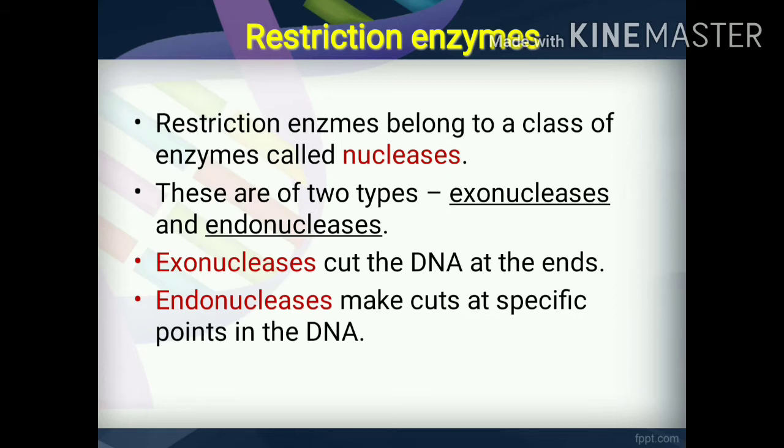Exonucleases cut the DNA at the ends. Endonucleases make cuts at specific points in the DNA. When the DNA is cut, the fragment is known as a restriction fragment. With the help of restriction endonucleases, we cut DNA at specific sites.